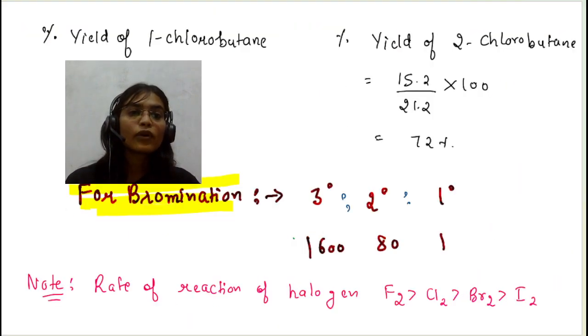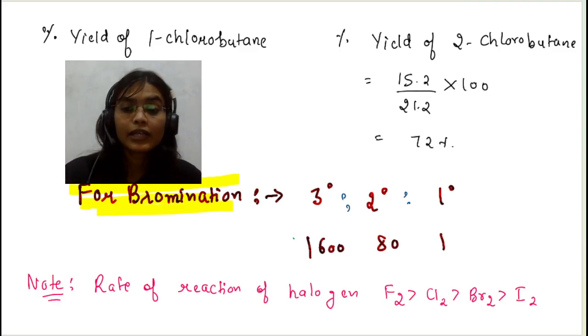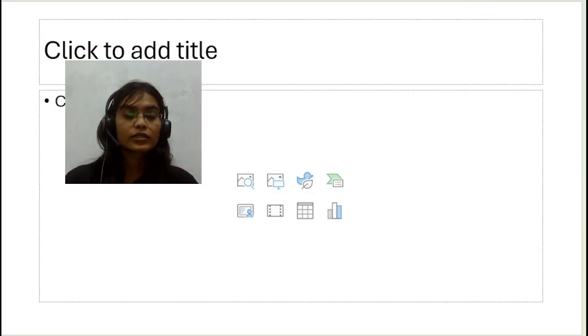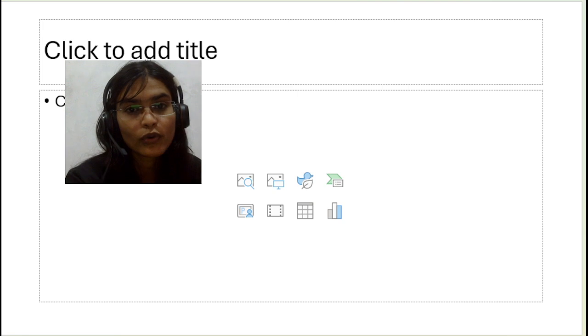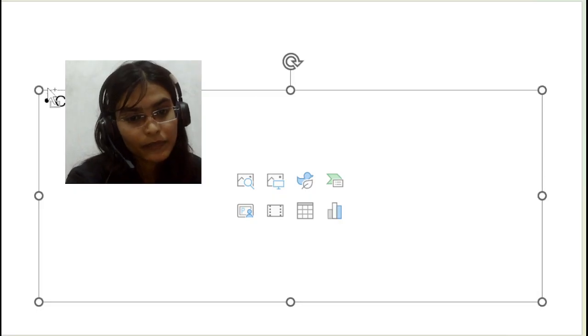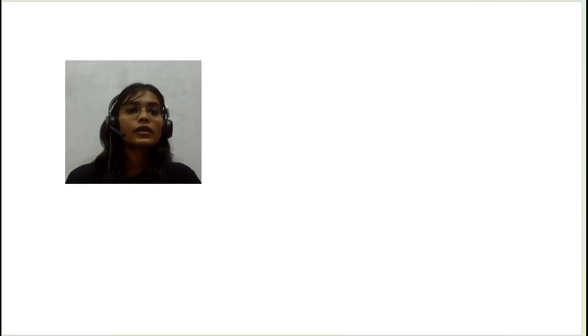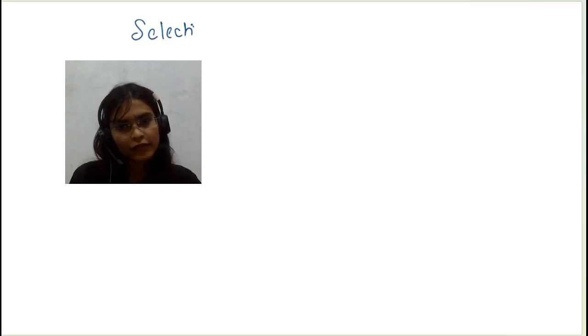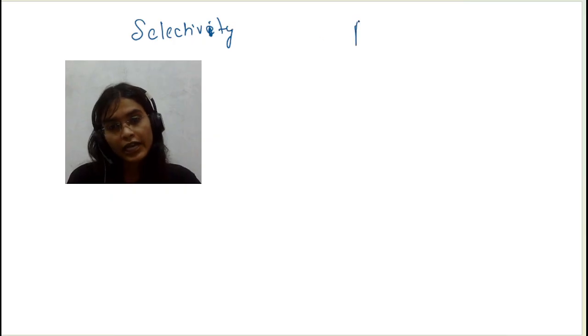Now a very important point for you: now you're in organic chemistry, of course. Now we are going to deal with organic chemistry. So the important point right now is reactivity and selectivity. Do you know the meaning of these words? Selectivity means when you select something, and reactive means when something is reactive.